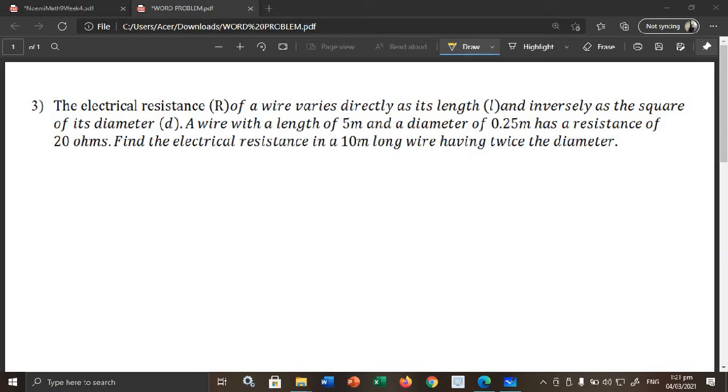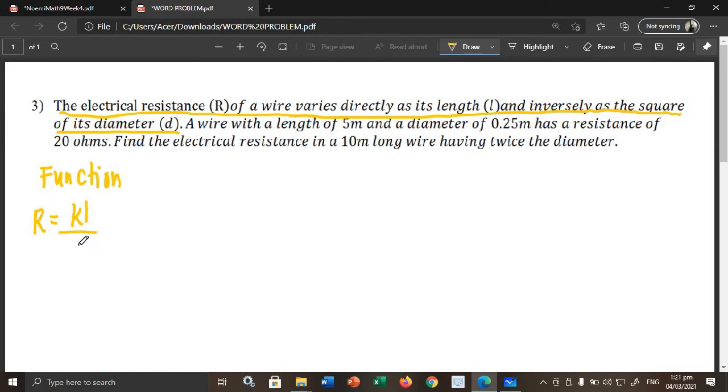So again, first, we need to derive a function using the variation statement. So this is the variation statement at the start of the problem. The electrical resistance R of a wire varies directly as its length L and inversely as the square of its diameter D. So D squared.